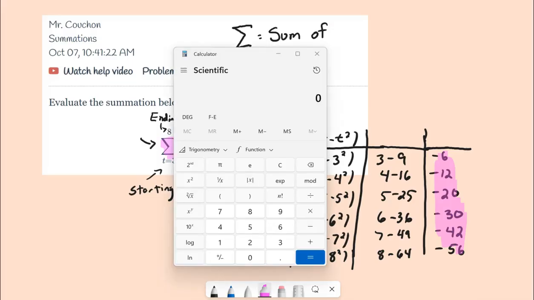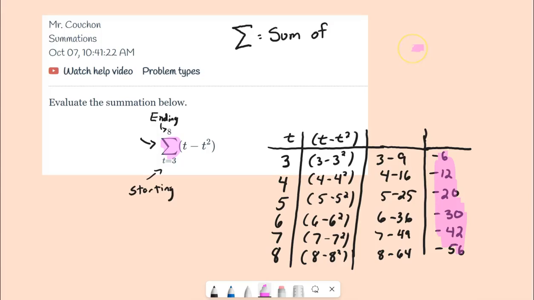I know my answer is going to be negative, so to save myself extra typing I'll add them like they were positive: 6 plus 12 plus 20 plus 30 plus 42 plus 56, and that's going to be 166. But of course these are all negative, so it's going to be negative 166. That is the sum of all the terms from 3 to 8.